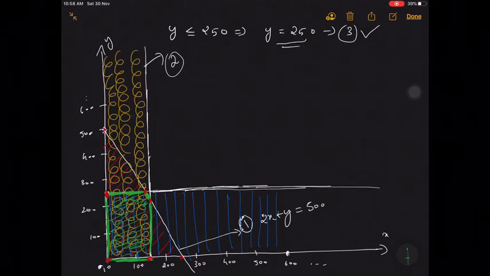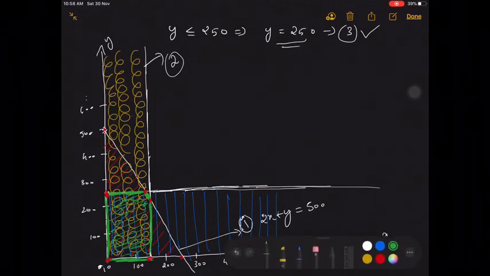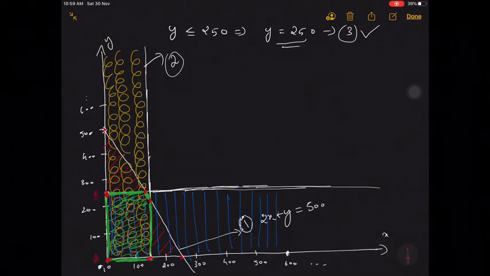Now we have to find the corner points in this feasible area. I'll name the points: this is A, B, this one is C, this one is D, this one is E. Now we have 5 points, and we have to find all of them. What is A? A is nothing but our origin.